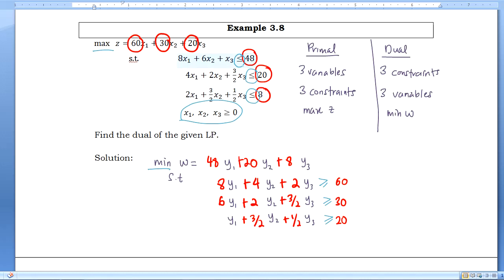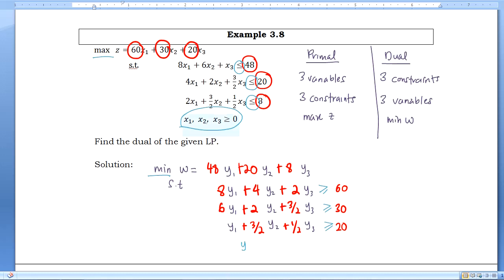This sign satisfies the normal maximum problem. Therefore, all variables in the dual also satisfy the normal minimum problem, meaning all variables are non-negative. So we have y1, y2 and y3 are greater than or equal to 0.